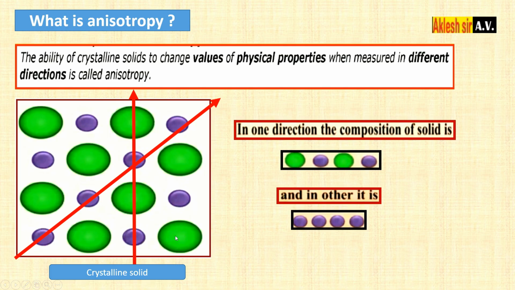This is the crystalline structure of the solid. When you measure from this direction, you can see the arrangement of the atoms is different. Here all the purple atoms are there, and they are very small in size. In the other direction, it is small size, big size, small size, big size. Here the atom arrangement is different.